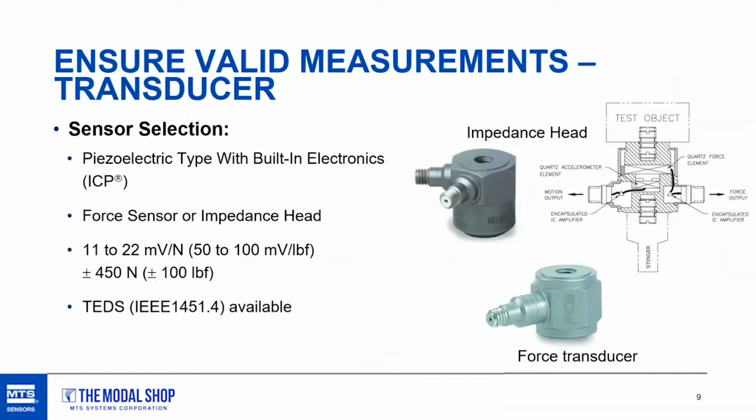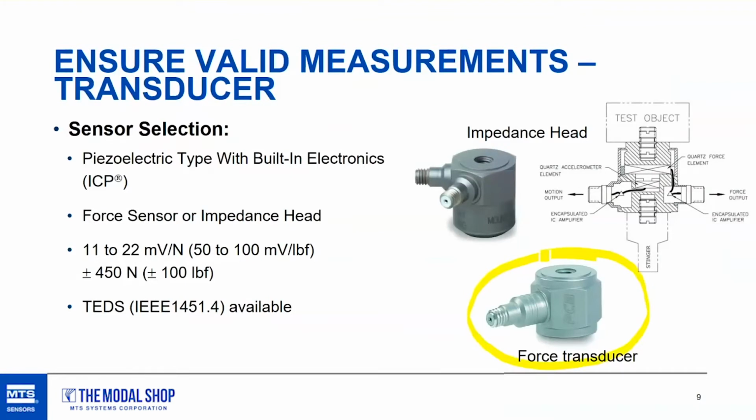You have a shaker exciting a structure, and the amount of force input to the structure needs to be measured. That's typically done using a traditional piezoelectric quartz force transducer. That's what you see here at the very bottom of the screen.